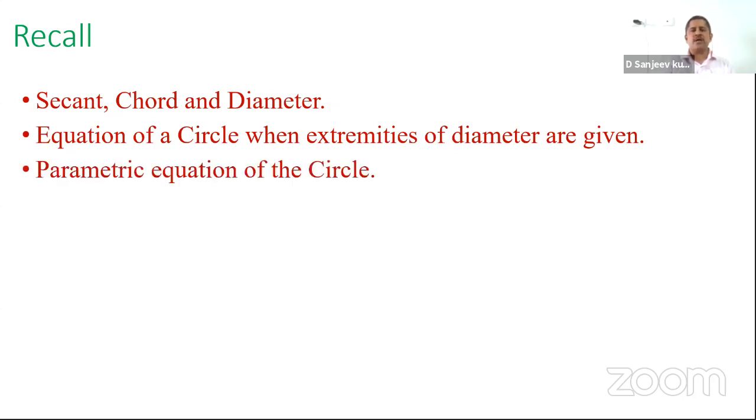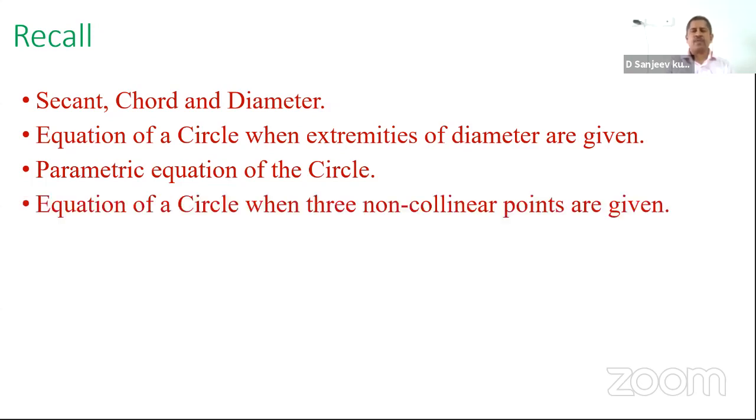Then the parametric equation of a circle: x equals h plus r cos theta, y equals k plus r sin theta, where h and k are the values of the center, r is the radius, and theta is the angle made by the ray from the x-axis.